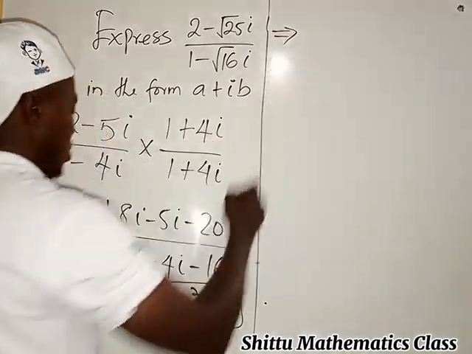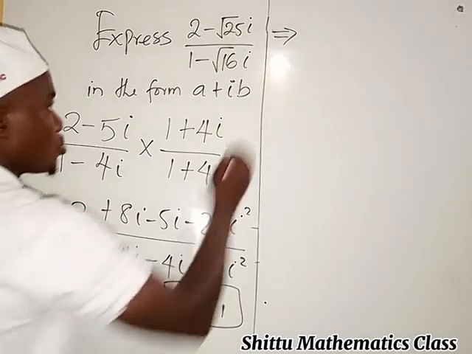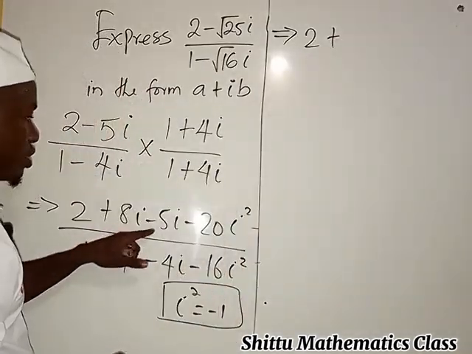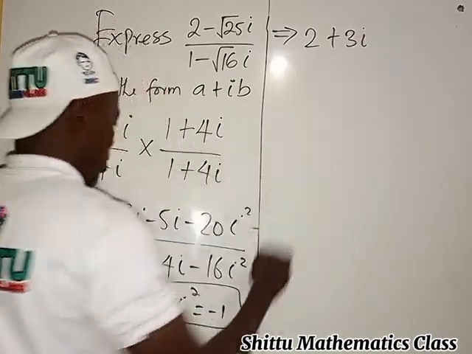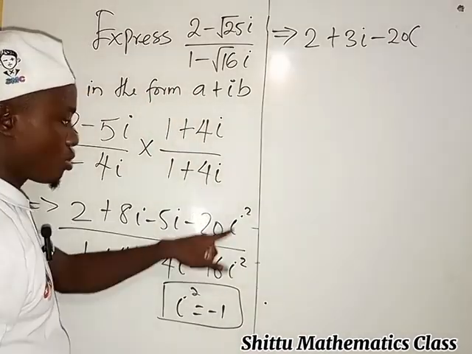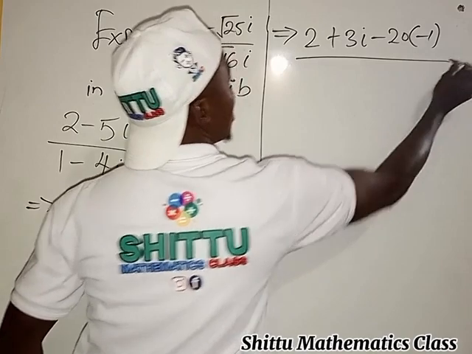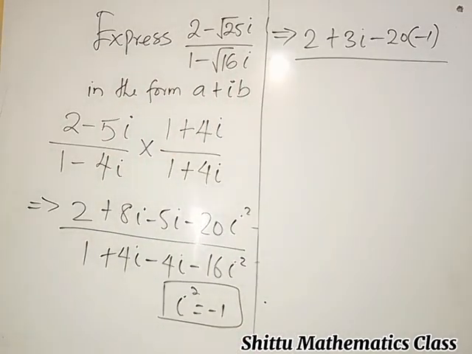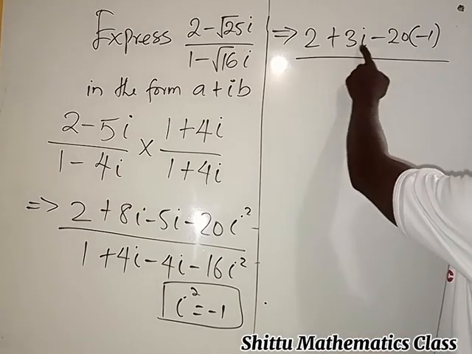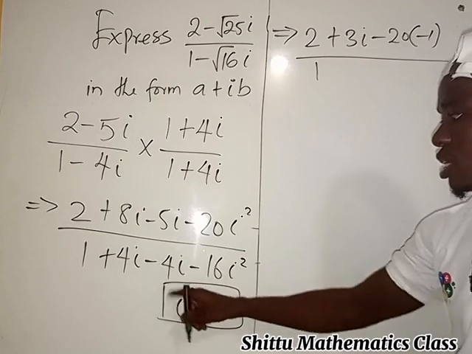So from there, what are we going to have? This is going to be 2 plus 8i minus 5i, we have 3i. Then here we have minus 20 times i squared, which is minus 1. I put the minus 1 here, and divided by. Are you following? Now from there, 2 plus 3i, and here 1, the 4i cancels, right?